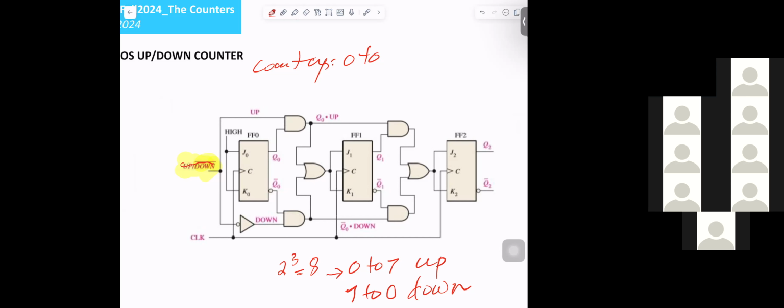That means you have to draw this circuitry using part 5. On the test, you will be counting up 0 to 7 and counting down will be 7 to 0. We'll see when it will be counting up and when it will be counting down, if you look into it here.